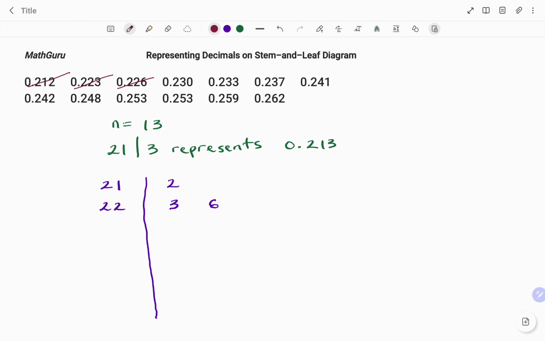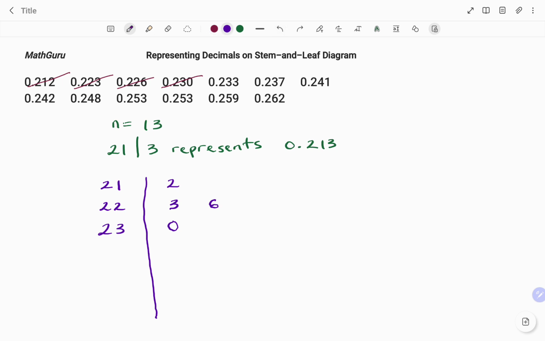Now if you look at the next number, the first 2 digits after the decimal point is 23. So I'm going to move to the next line, and I start by writing my 23, and then the last digit is 0. So I'm going to put that on my leaf side. I take that out. The next number, the first 2 digits after the decimal is 23.